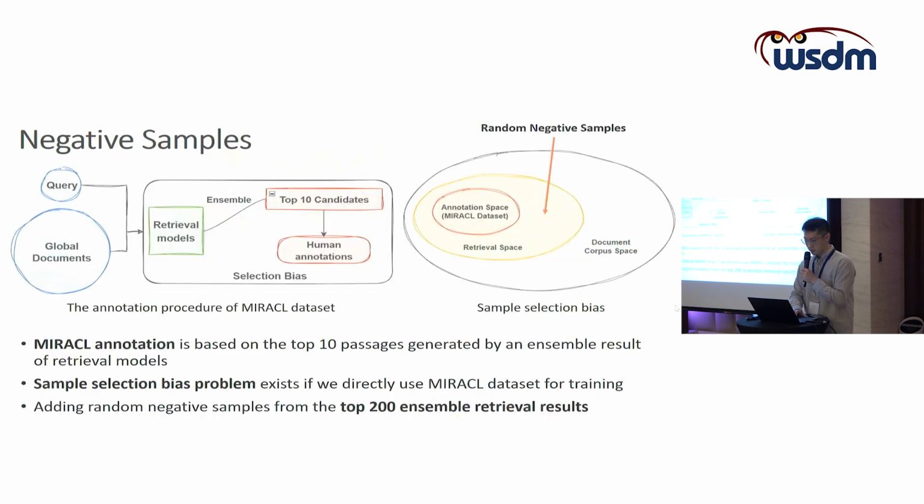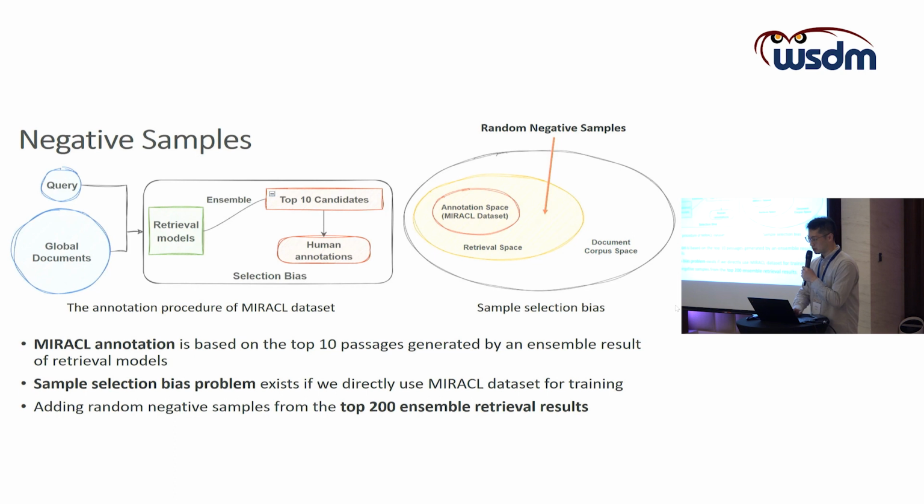For the negative samples, as described in the Miracle paper, the Miracle dataset annotation is based on the top 10 candidates. So if we directly use the annotation data of the Miracle dataset for training, we face a selection bias problem.